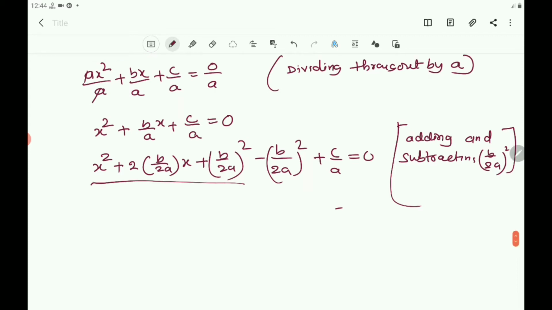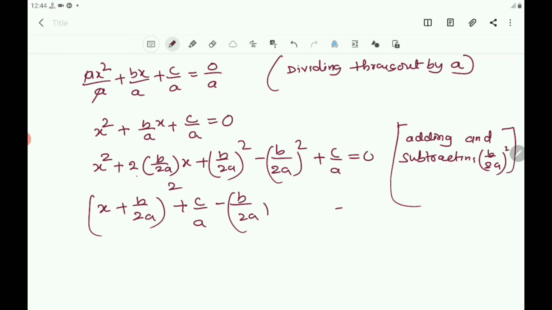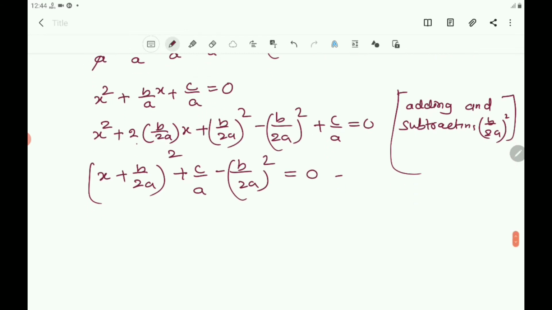Now you know that this is the expansion. This is in the form of x square plus 2xy plus y square. So you will get first term x, here 2 is there, y is b by 2a, b by 2a whole square. Then you take plus c by a minus b by 2a whole square equals 0.